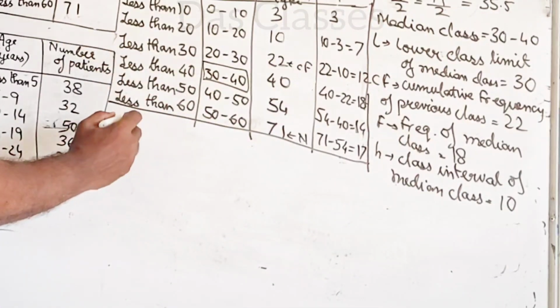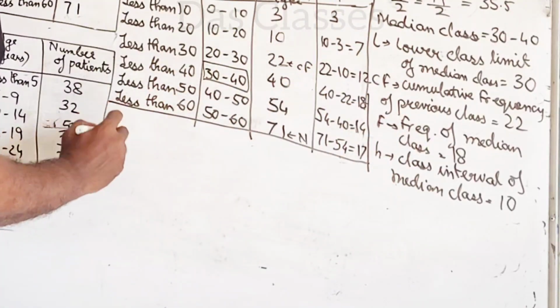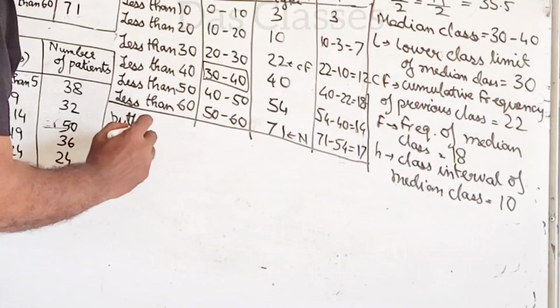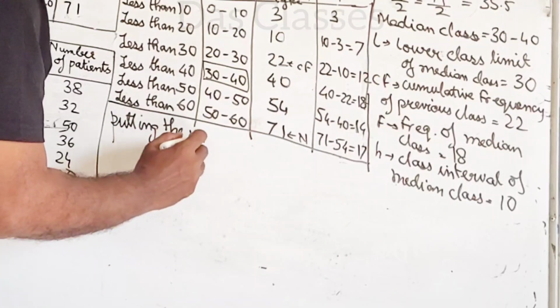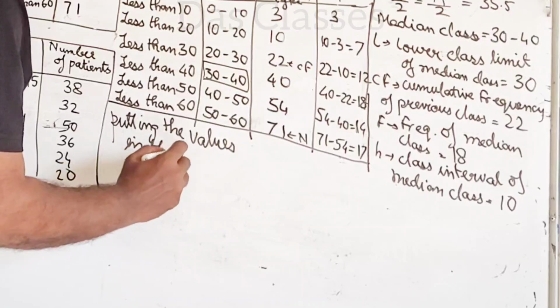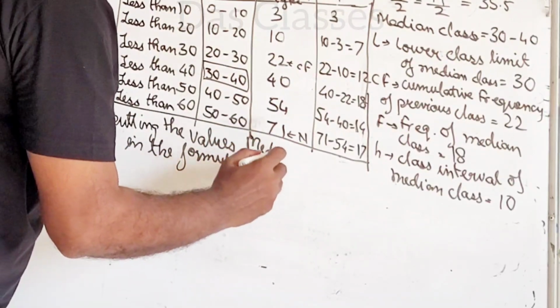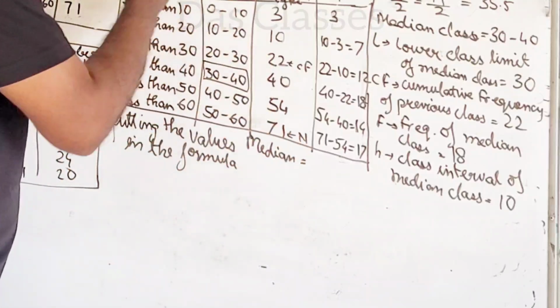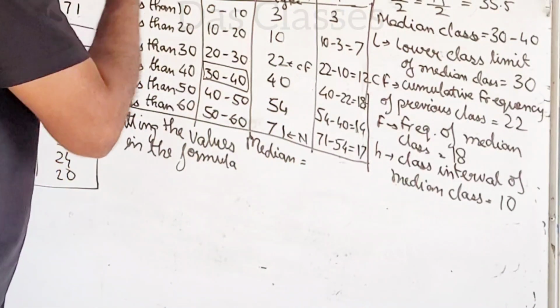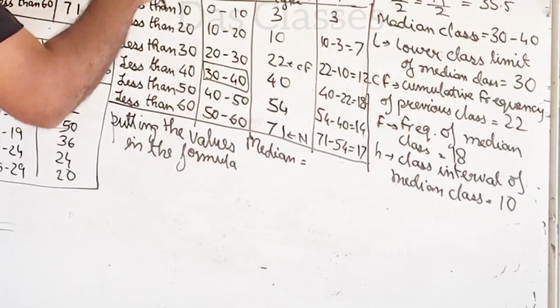So now, once you know all these values, you need to write them down once, putting the values in the formula. So median is going to be equal to, the formula I had already written, you can write it once in the beginning of the solution.